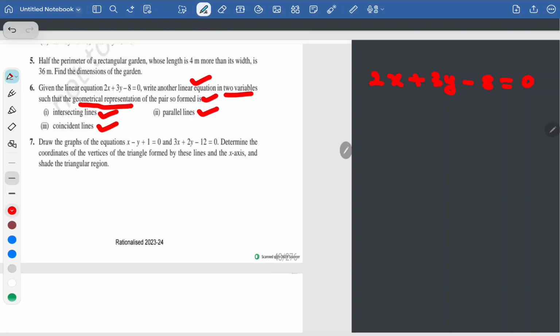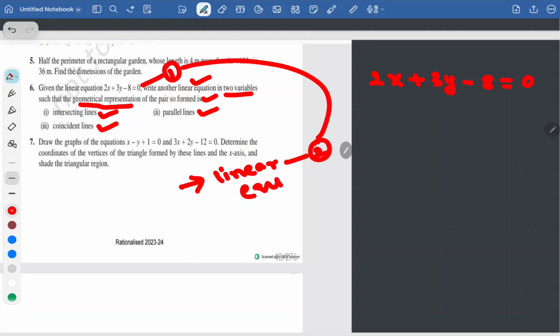That pair should be, in the first case intersecting, second case parallel, third one coincident. We have to construct another linear equation. Take it as 2, and this one take it as 1. From 1 and 2 the lines should be intersecting. Again from 1 and 2 the lines should be parallel. Again from 1 and 2 the lines should be coincident.